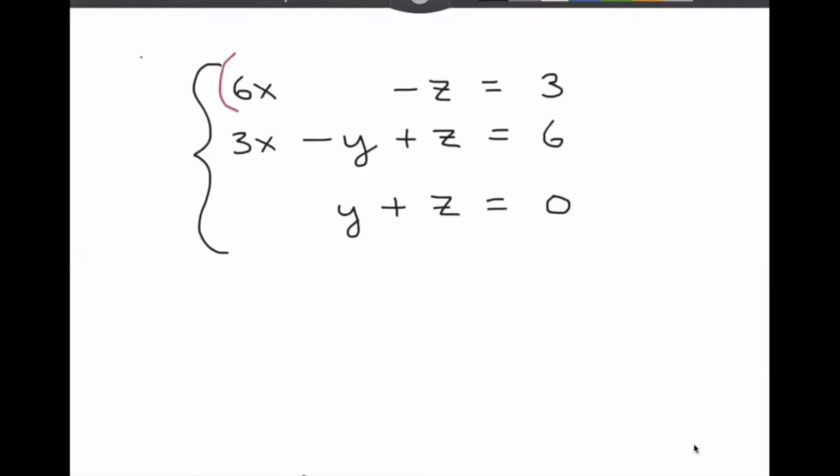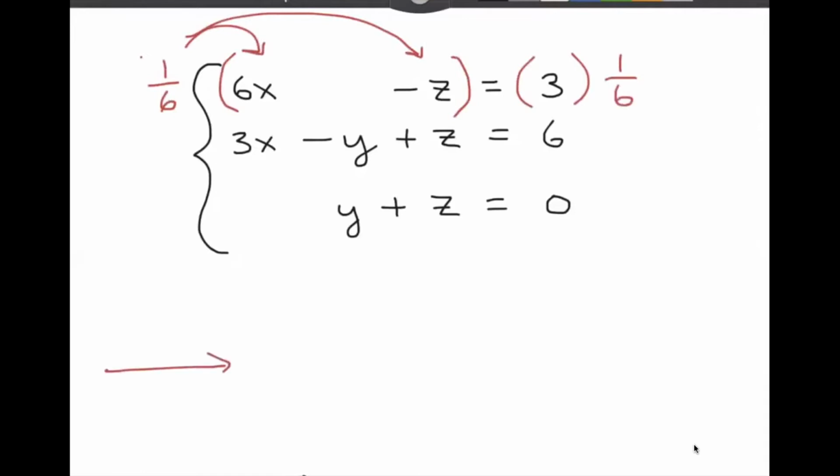So to do that, we're just going to multiply both sides of the equation by 1/6. So that 1/6 is going to get distributed. Remember to do it to both sides. And the notation that we're going to use for this is going to look like 1/6 times R1.